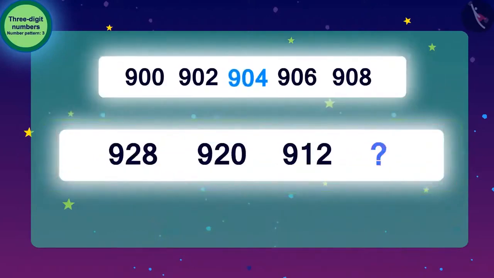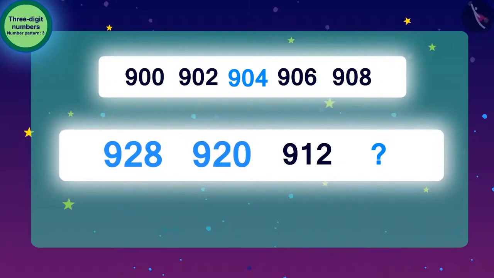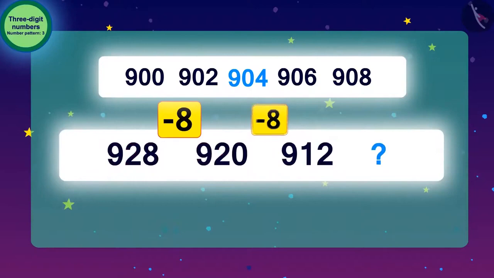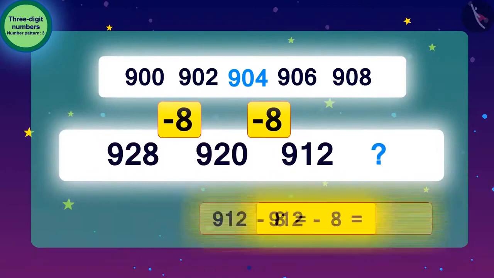Now we will find the number pattern of the second blank. To get from 928 to 920, we have to go 8 steps back, which means we have to subtract 8. Now to go from 920 to 912, we have to subtract 8. Similarly, to find the next number of this number pattern, we have to subtract 8 from every number.